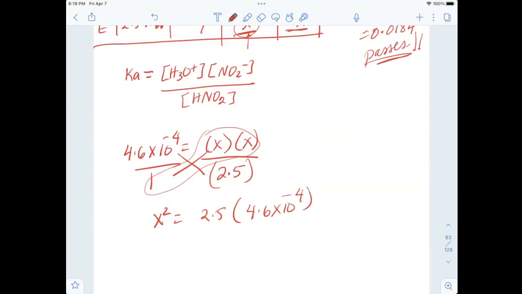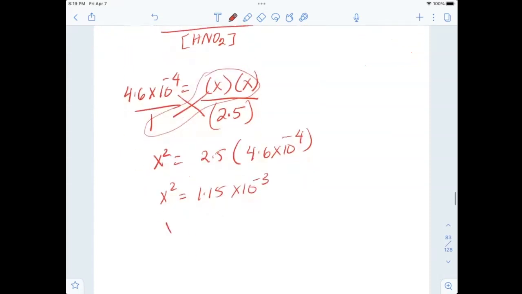Okay. 2.5 times, open parentheses, 4.6 exponent negative 4, close parentheses. I get x squared equal 1.15 times 10 to the negative 3. Okay. X equal the square root of 1.15 times 10 to the negative 3.